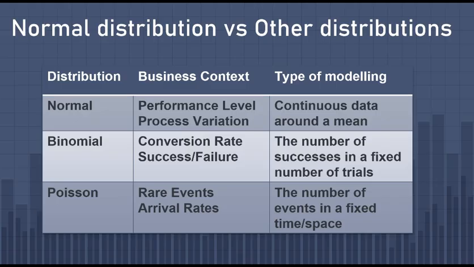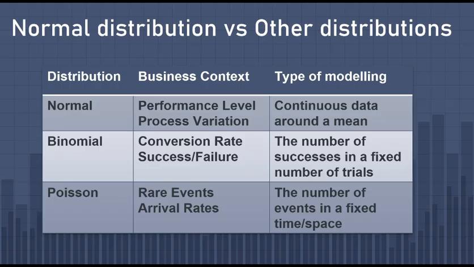A binomial distribution deals with discrete data. It counts the number of successes or failures in a number of repetitions of a particular random experiment. The number of repetitions of the experiment is fixed, and the probability of success remains the same throughout any number of times you repeat the trial.